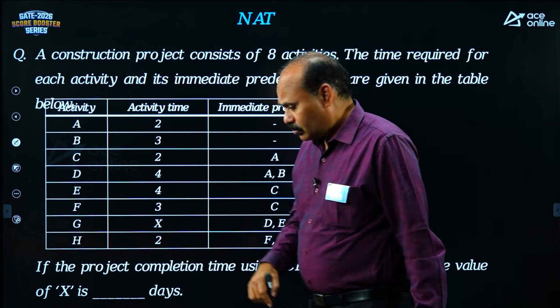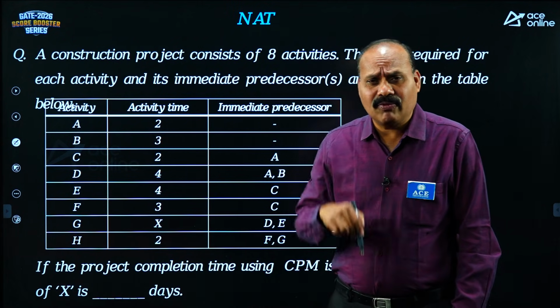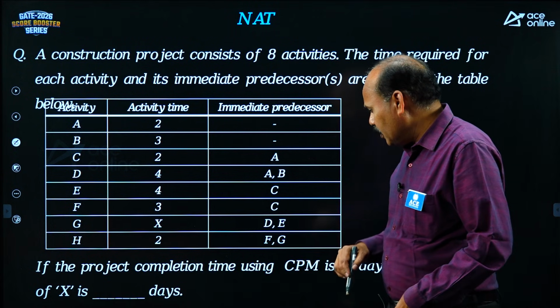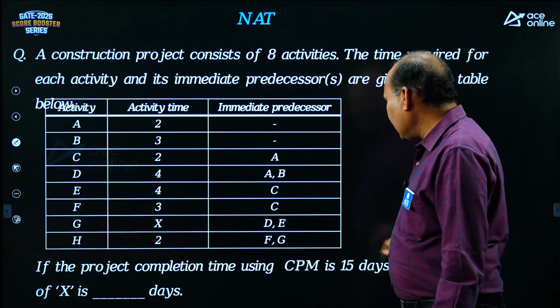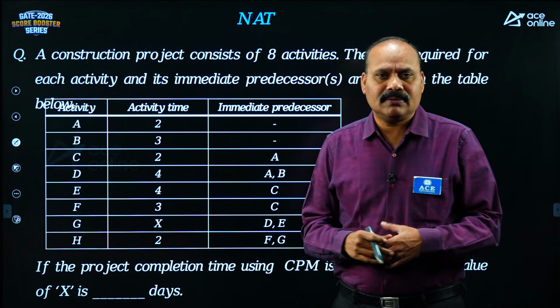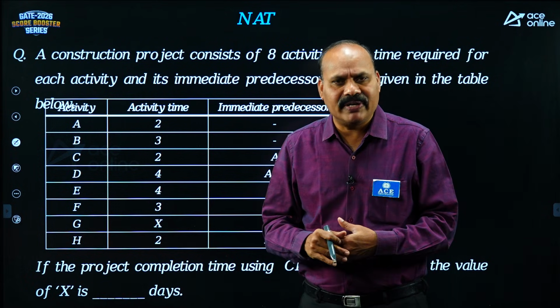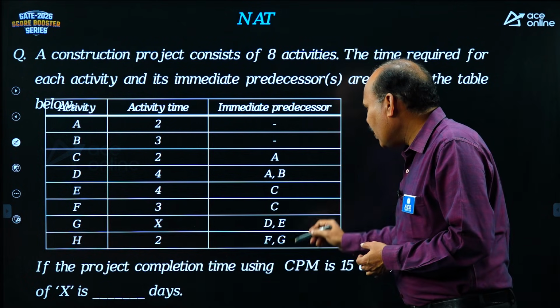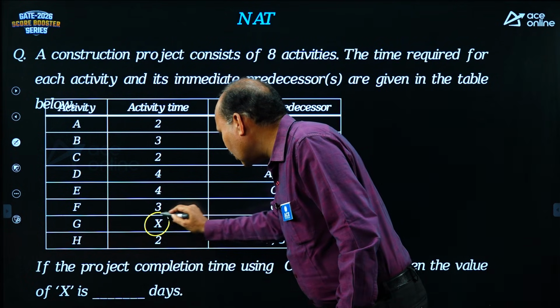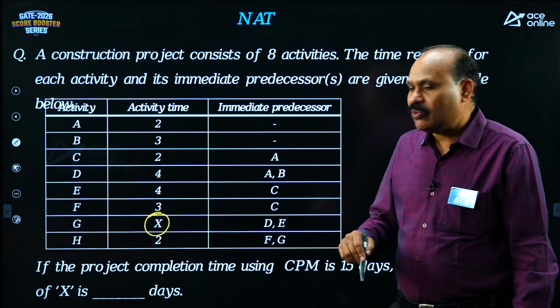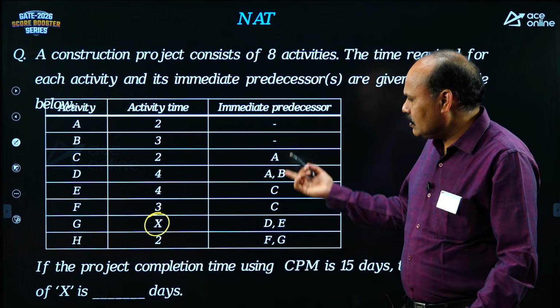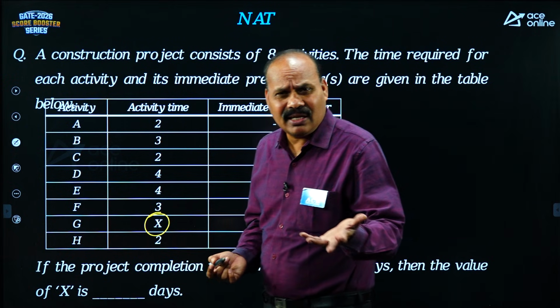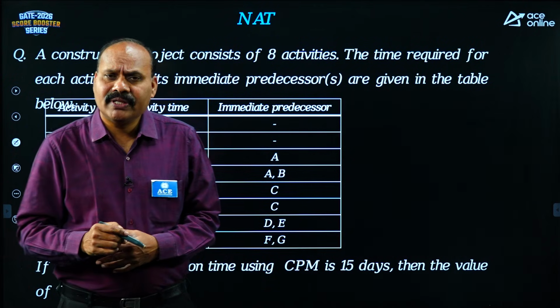Next, again this is a tabular format question. The project completion time using CPM is equal to 15 days. Project completion time was given already as 15 days and the X value you have to find out. G duration is not mentioned. It is the same procedure: draw the diagram and identify the critical path.